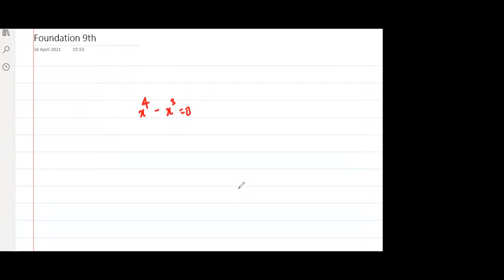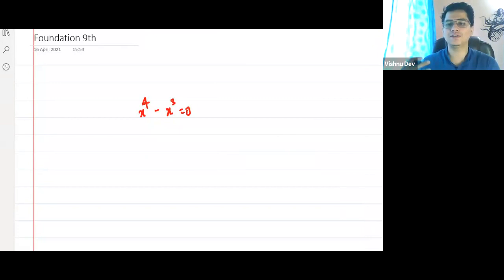Now I'm not asking you to solve it, I'm just saying this is also an equation. Obviously the power is different, it is different from your linear equation, but this is also an equation that we can solve. If anyone understood the basic concept of solving equations, they can solve it. That is your intuition.